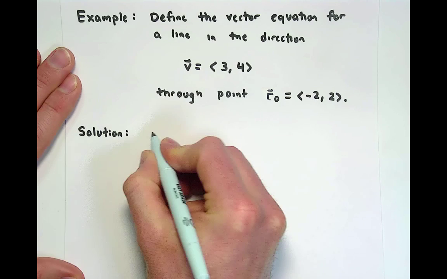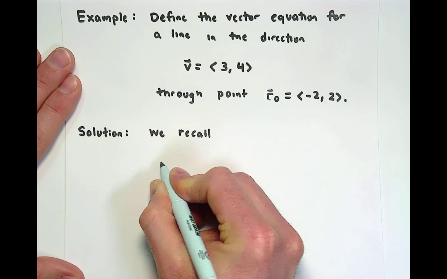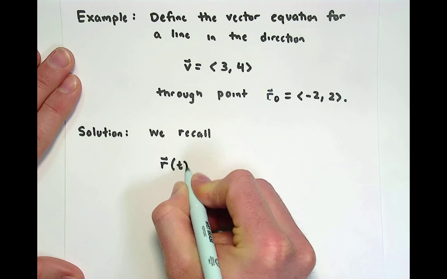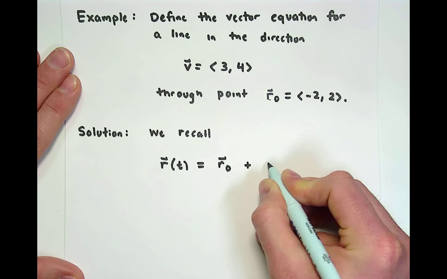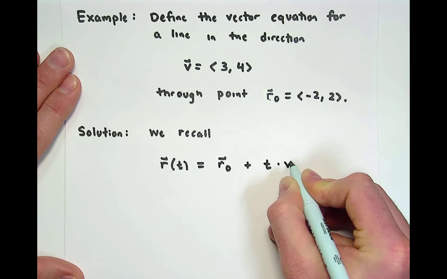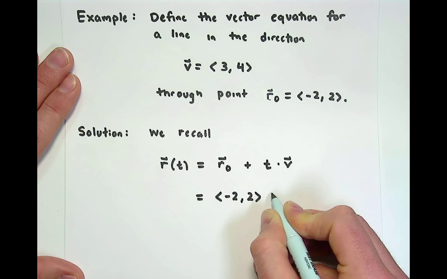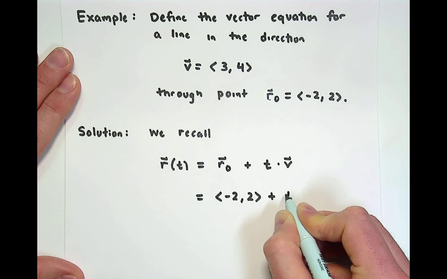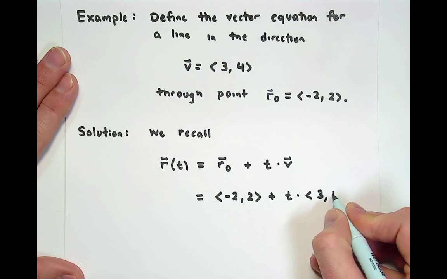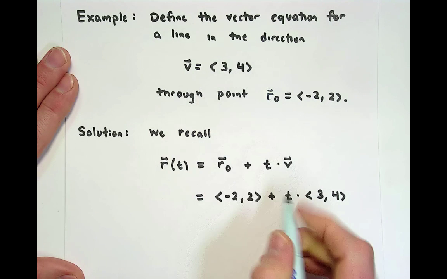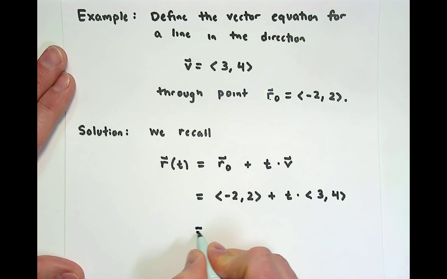Remember that an equation for a line in R2 is given as a vector as r naught, a point on the line, written as a vector, plus t times the direction. Here we've got this as -2, 2, because we're given that in the problem statement. And then we've got the parameter t times the direction 3, 4. This direction represents moving 3 units to the right and 4 units upwards.